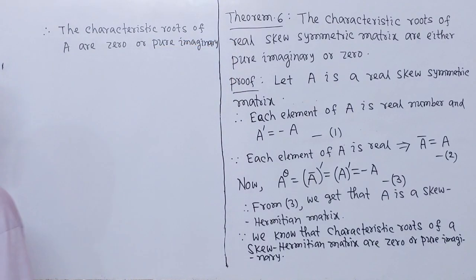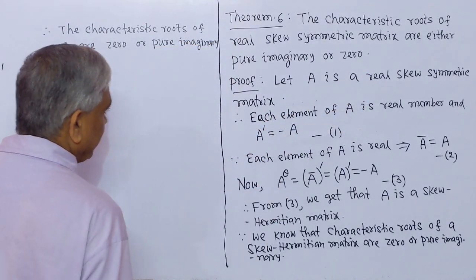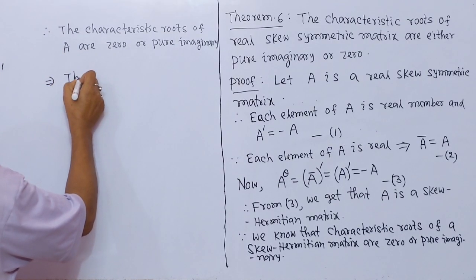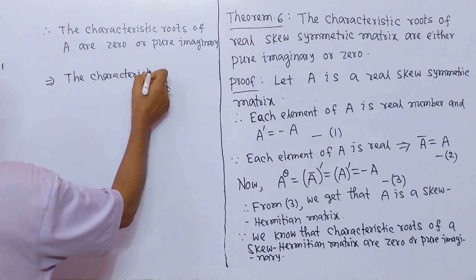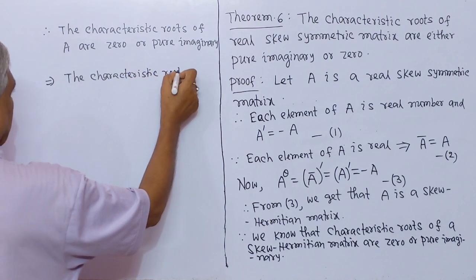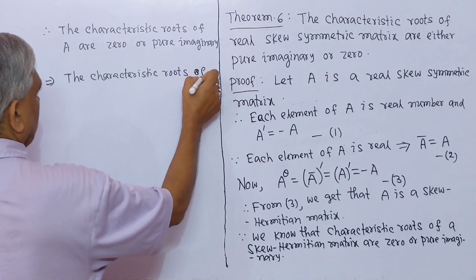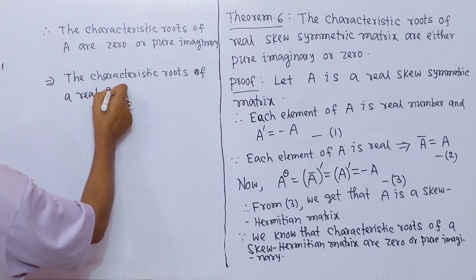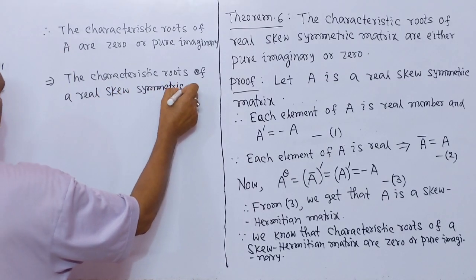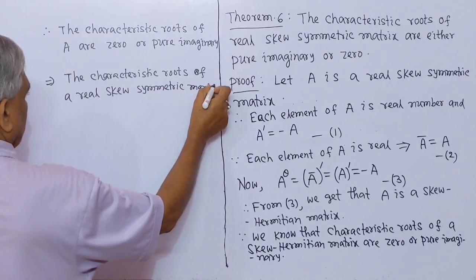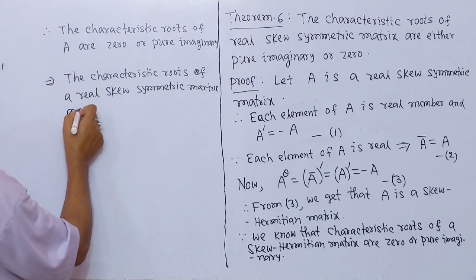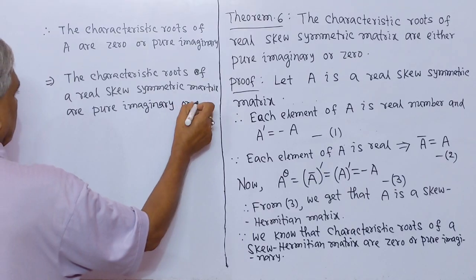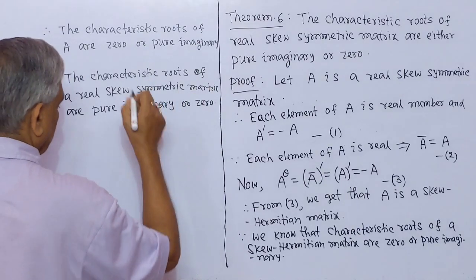A is a real skew-symmetric matrix, which implies that the characteristic roots of a real skew-symmetric matrix are pure imaginary or 0. Proved.